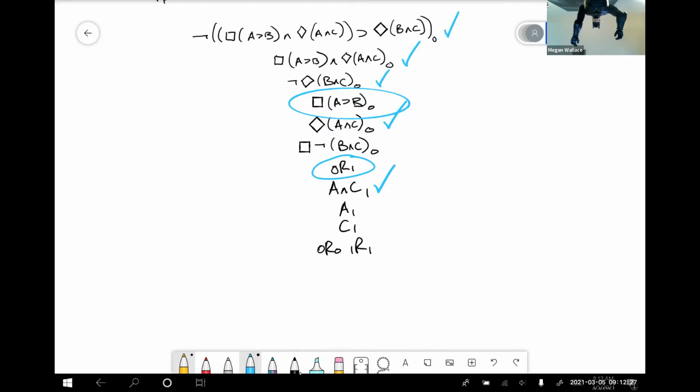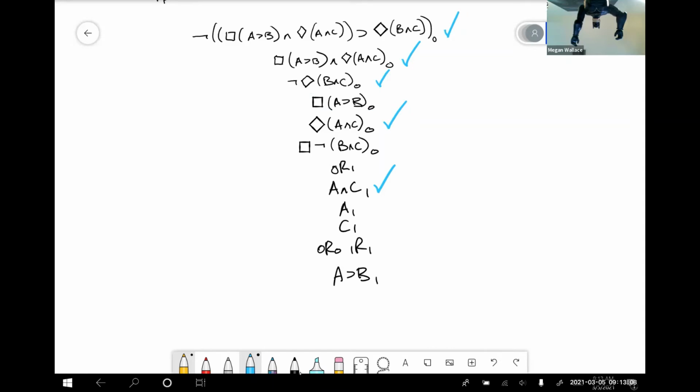Because I have already produced an atomic relation at 1, A at 1 and C at 1, and because we've been told this is valid and we're looking for a contradiction, that's really what's relevant here, is looking to produce a contradiction against the atomic statements you've already got. So that's what I'm going to do. I've got my box A then B at 0. I know that 0 is related to 1. So what follows from that is that A then B at 1. And again, I'm just doing that from this claim, and it's giving me this claim here.